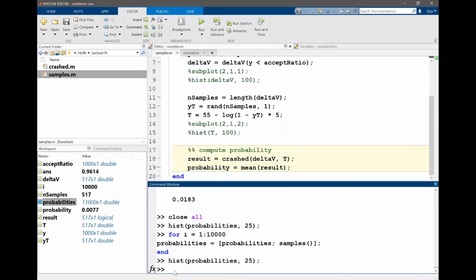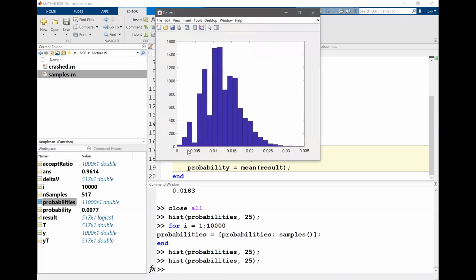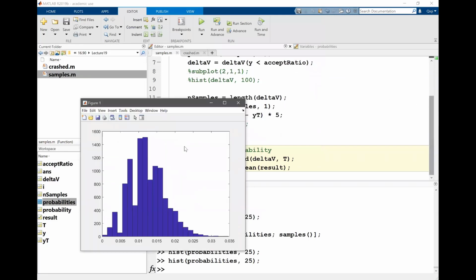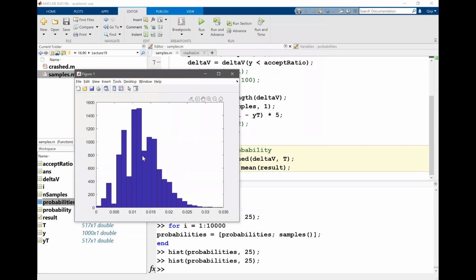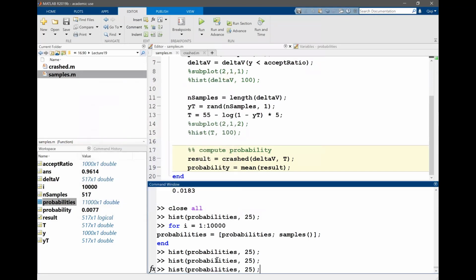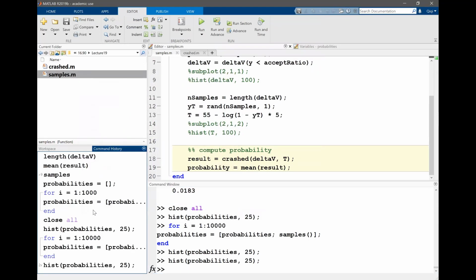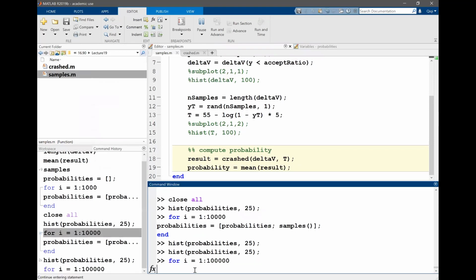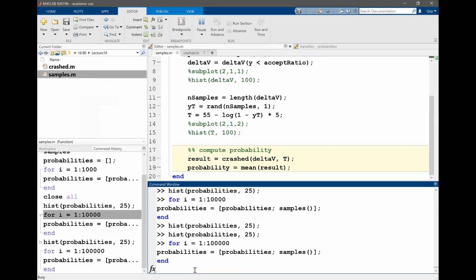Is it the same thing I got? Oh, okay. Interesting. So increasing the number of samples by 10 times doesn't seem to change the distribution that much, right? Let's see if I do this whole thing again, increasing this by another order of magnitude.